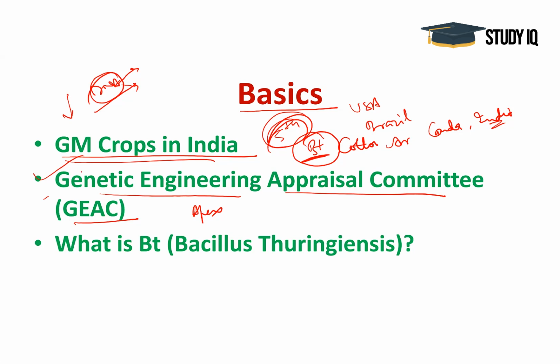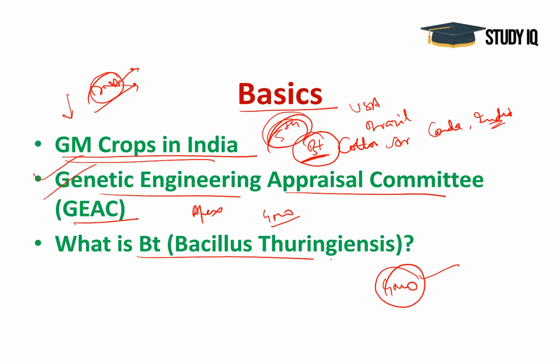It is also responsible for giving technical approval of proposals relating to the release of GMOs or their products in the country. However, the Environment Minister gives the final approval for GMOs. Ultimately the power is in the hands of the Environment Minister, but it has to be passed by this committee.